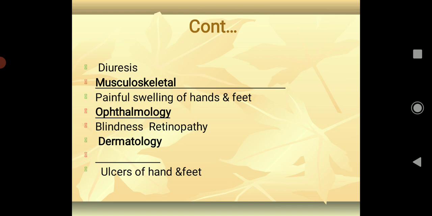Some other clinical manifestations include diuresis and musculoskeletal problems, which include painful swelling of hands and feet. Ophthalmology involves blindness and retinopathy during sickle cell anemia, and dermatologic problems include ulcers of hands and feet.